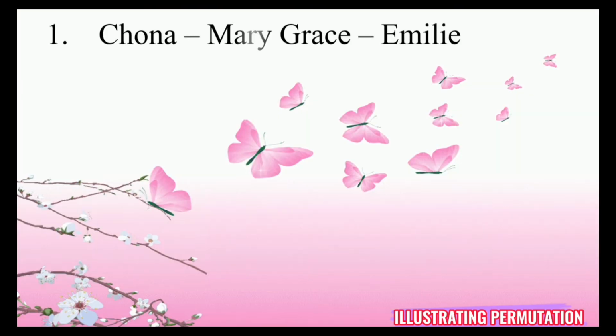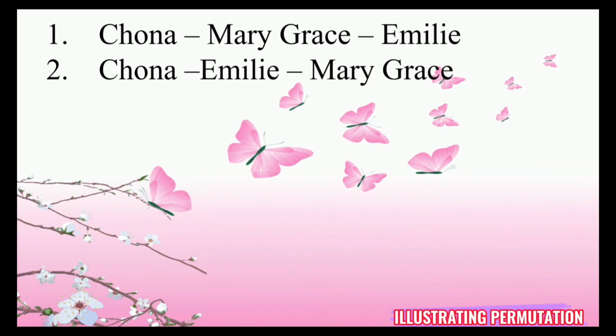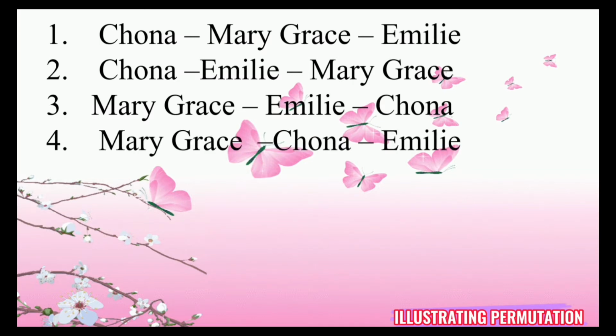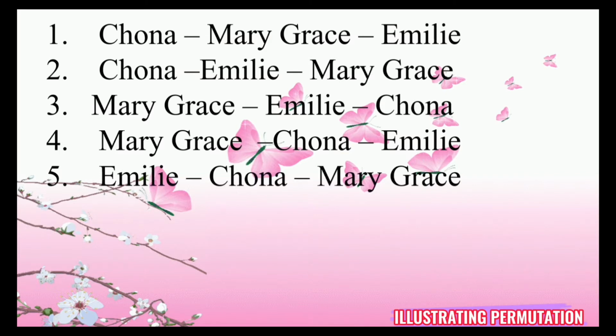That's right. Chona can occupy the first chair, followed by Mary Grace and then Emily. Chona, followed by Emily and then Mary Grace. Mary Grace can occupy the first chair, followed by Emily and then Chona. Mary Grace, then Chona, then Emily.